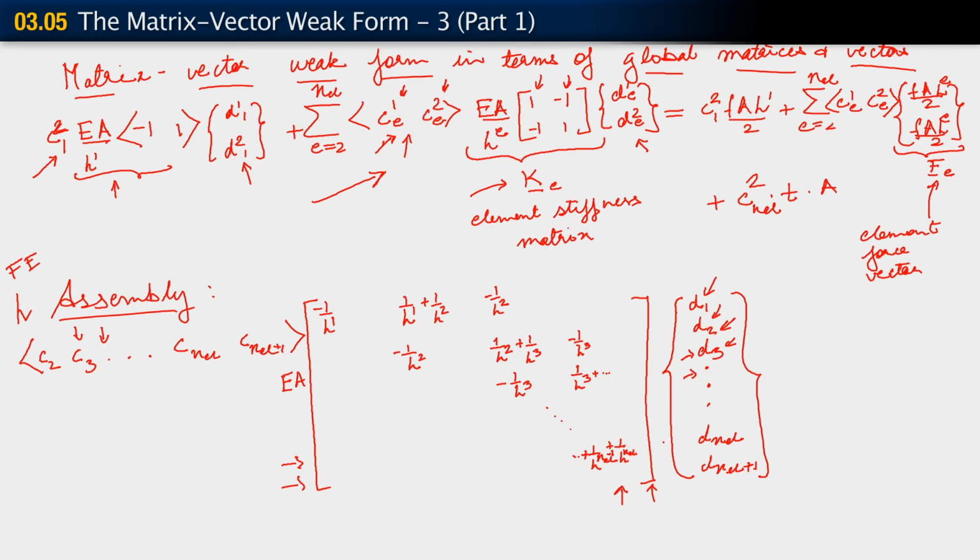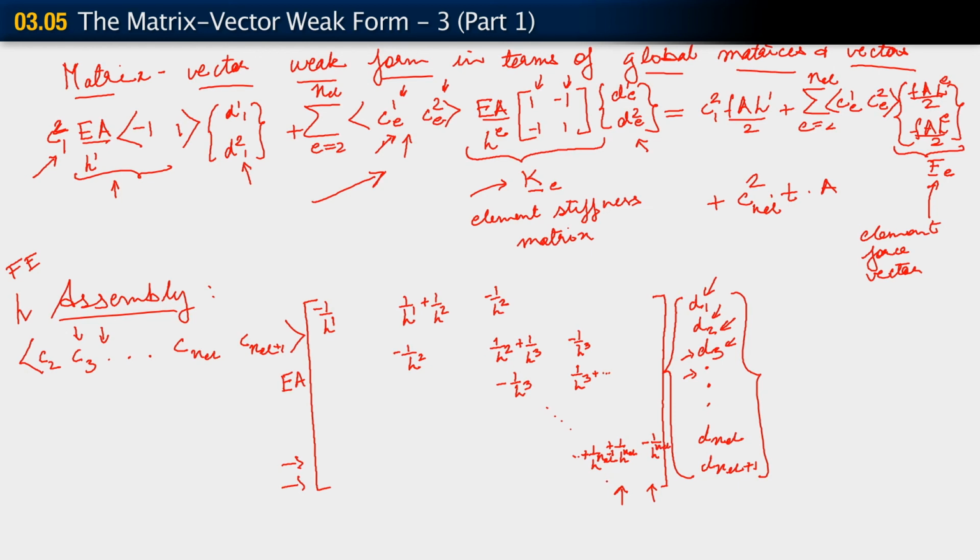I need a little more room, and I think I can get just a little more room by moving this over a little. Okay, so here we will get a contribution minus 1 over h n EL.